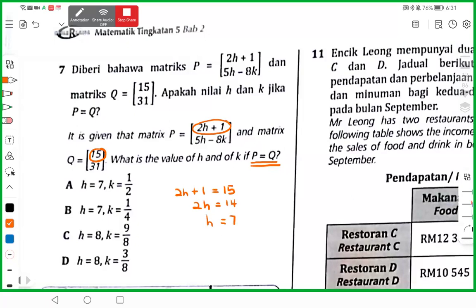Next, 5H minus 8K equals 31. So this is 5 times 7, 35. So 8K equals 35 minus 31, so it will be 4, right? 4 equals 8K. So K is 1 over 2. So we got the answer.